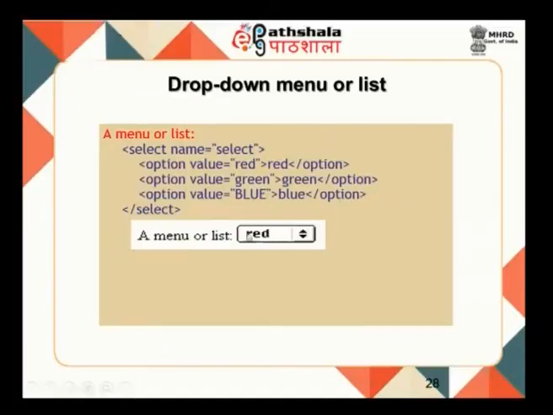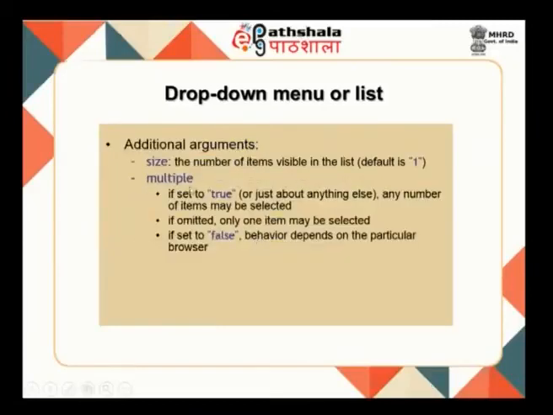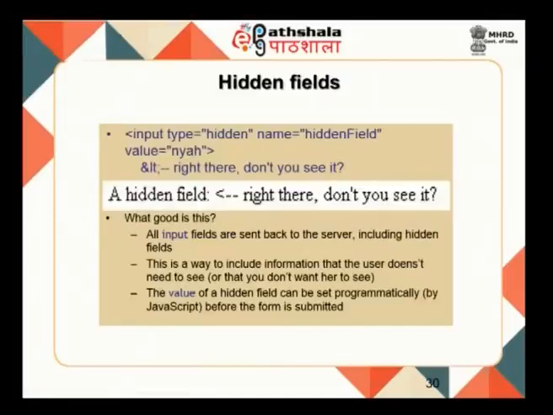If you want to display more than one value, you can make use of the size attribute, and there is another attribute called multiple. If set to true, any number of items can be selected. If you omit it, by default only one item can be selected. If set to false, it depends upon the browser.